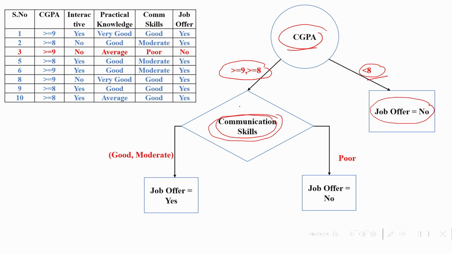If the communication skills are good and moderate, all the job offers belong to yes. If the communication skills are poor, then the job offer equals no. Like that, we construct the decision tree. So this is about the CART algorithm with the example. For the given data set, we construct the decision tree.